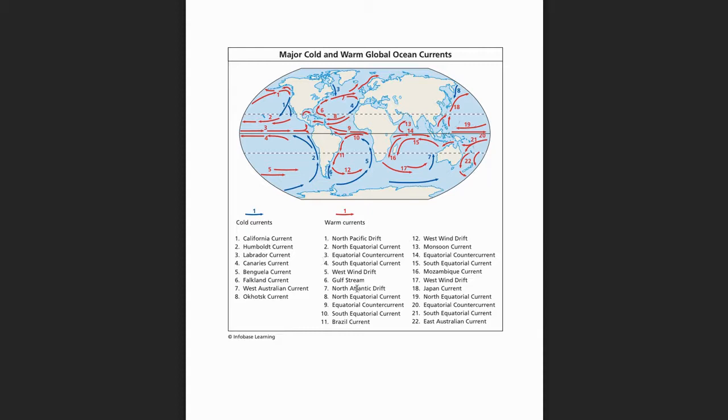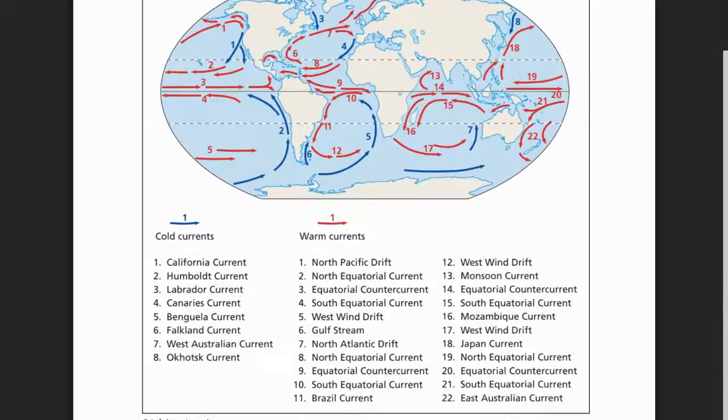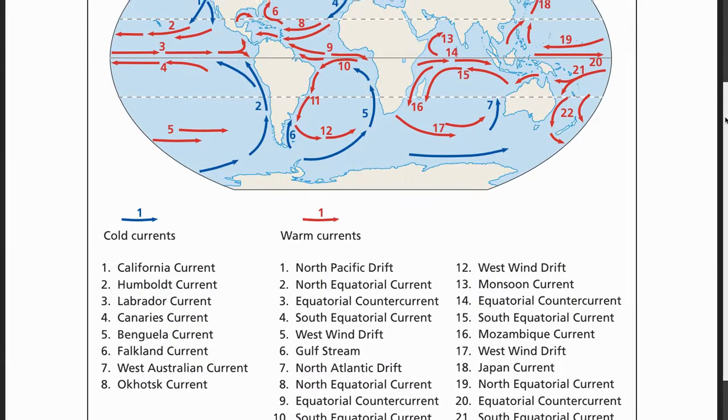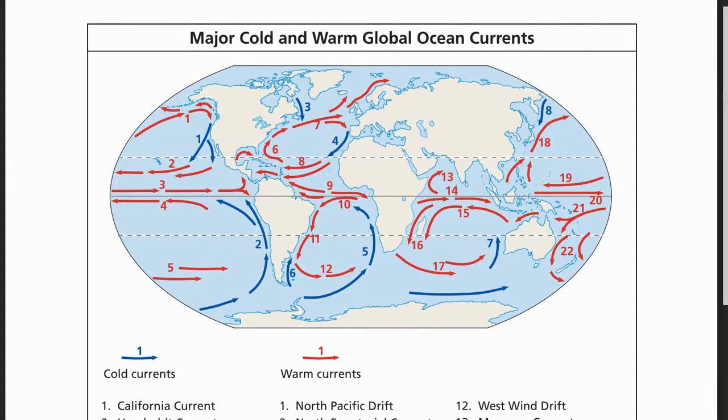So this picture shows these major and regular global ocean currents. By expanding the view, we can see that this red current number 6 is a warm current, and that is the current that is going around the Gulf of Mexico and up the eastern coastline of the United States.